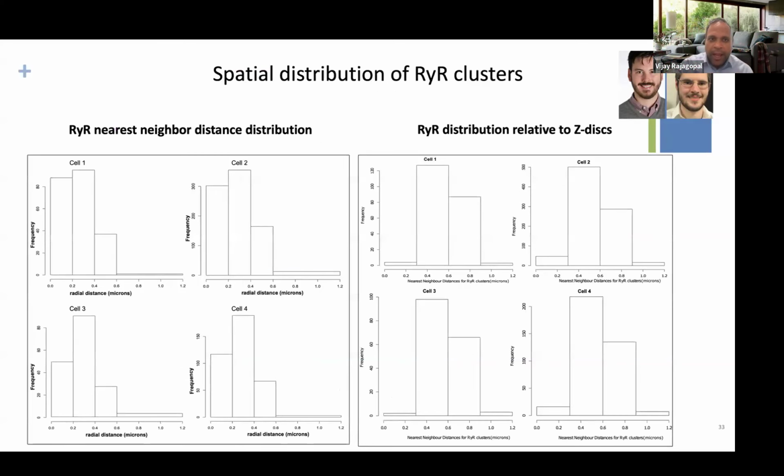By studying things like the nearest neighbor distance between different proteins in our confocal image and their relative distribution to other organelles in the cell, like z-disks, we can create a statistical model of the spatial organization of the cell.